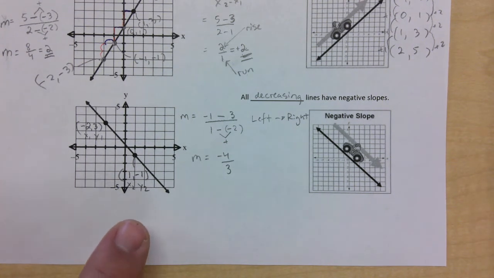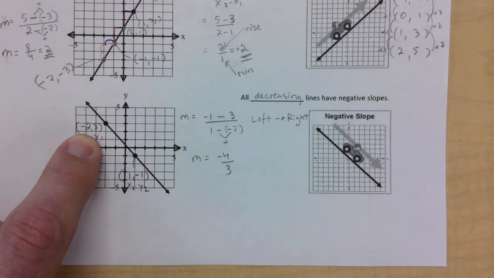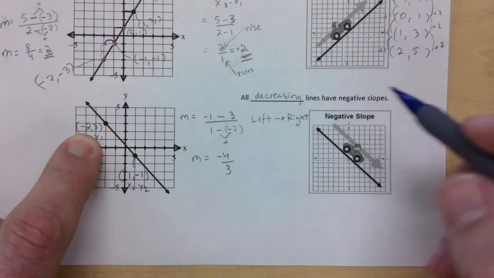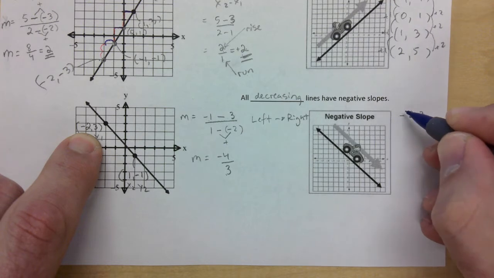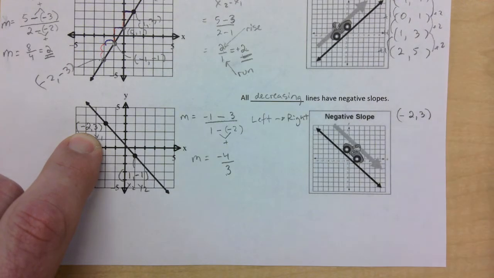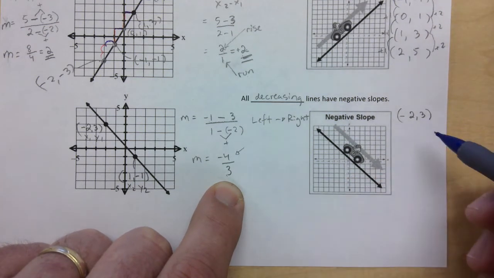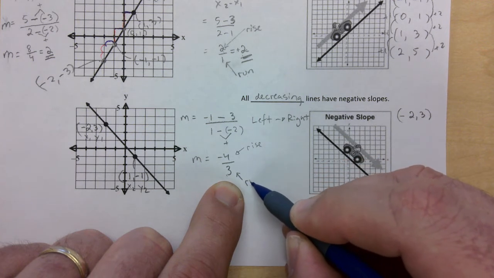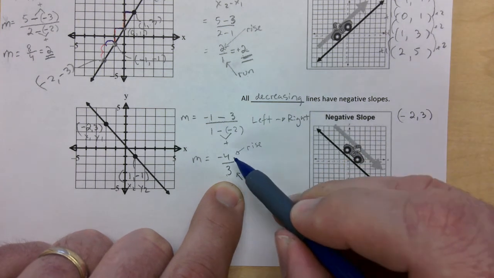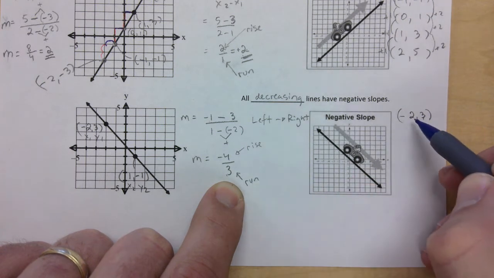Let's do something a little different here now. Let's start with this point. Remember I told you you can use the slope to find more points? Well, that's exactly what we're going to do. So if you start with -2, 3, that was one of the points on there. How can I use the slope to find more points? Well, this is my rise, and this is the run, remember. This will affect the y value, and this will affect the x value.